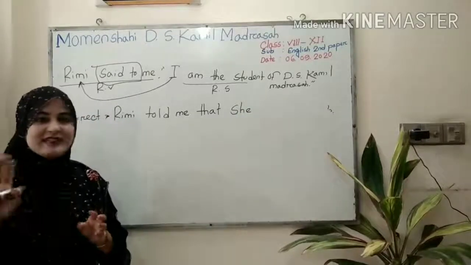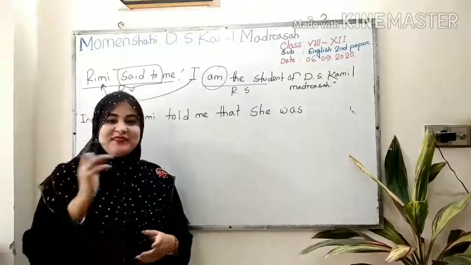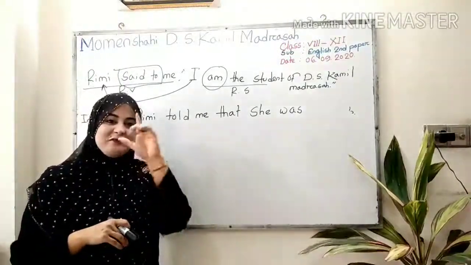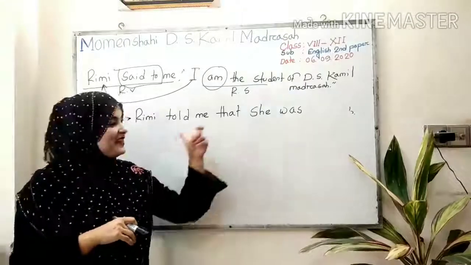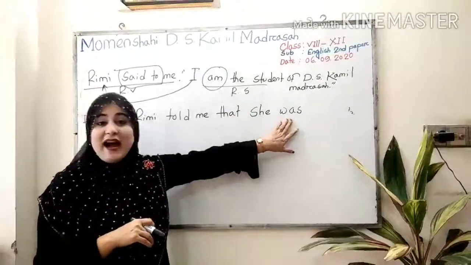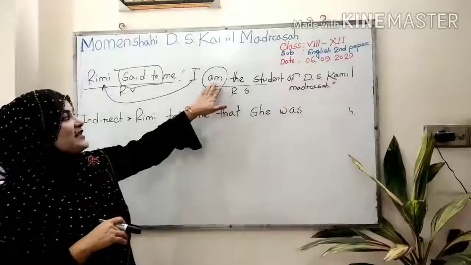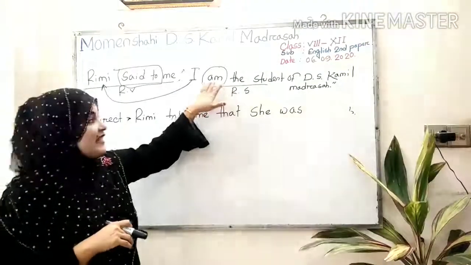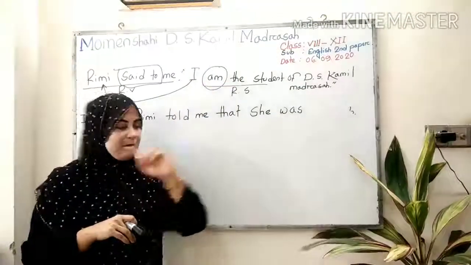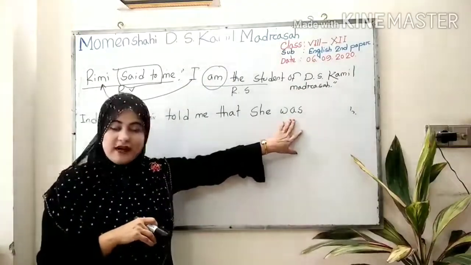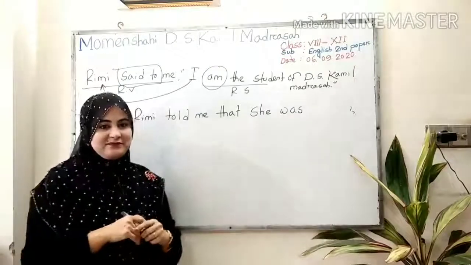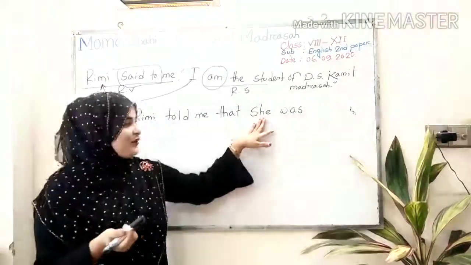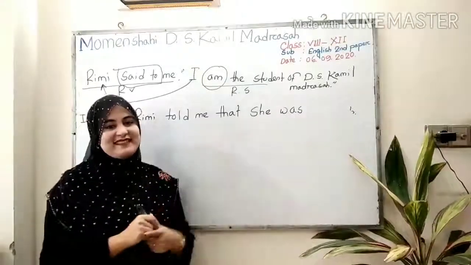Yeah? Person is done. Now again, verb. Already you have done person. Again, verb. You just look here, am, and in lieu of am, you have to write was or were. So as the person is third person singular number, you have to write there was.